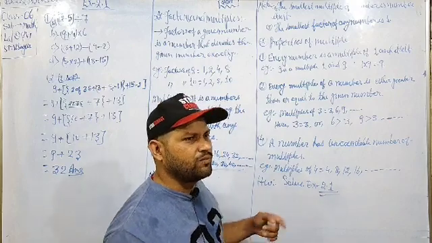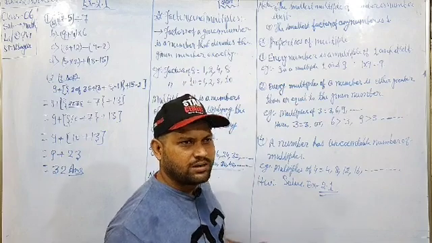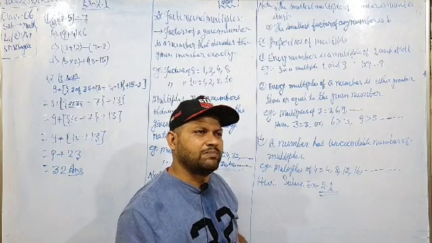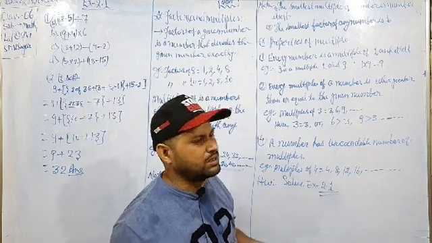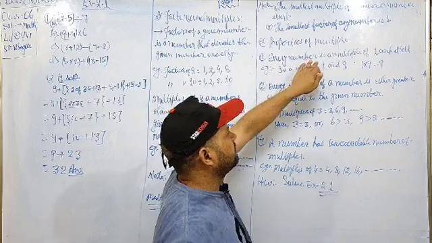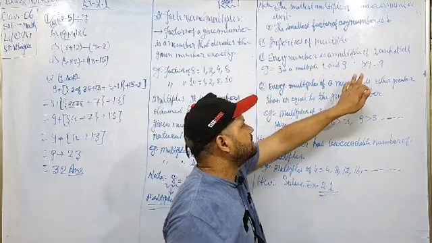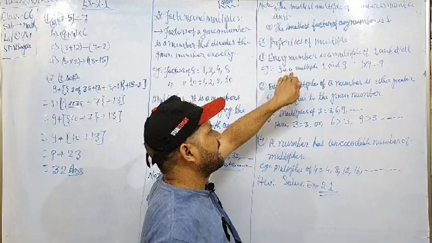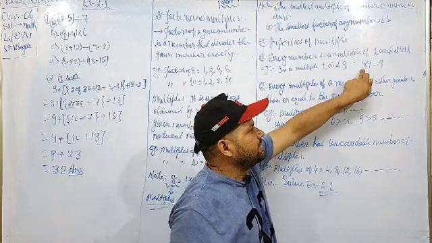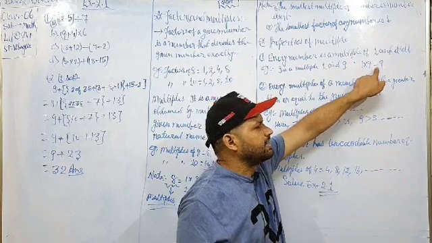When we multiply a number by 1, the number comes, and when 1 is multiplied with the number, the number comes. So we can write that every number is a multiple of 1 and itself. For example, 9 is a multiple of 1 and 9. When 1 is multiplied by 9, we get 9.